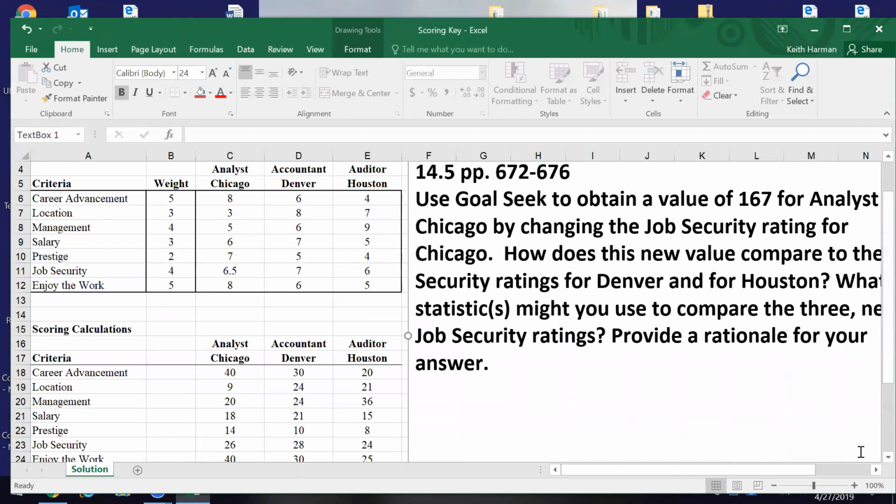We're going to use the goal seek to obtain a value of 167 for the analyst job in Chicago by changing the job security rating for Chicago. So you've got this analyst job for Chicago, and we're going to use goal seek to change the job security rating for Chicago.